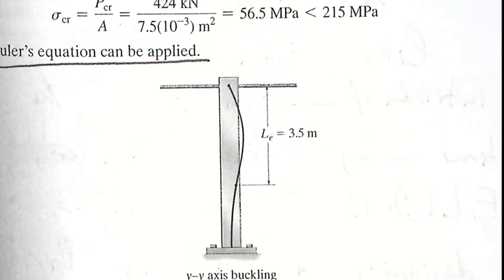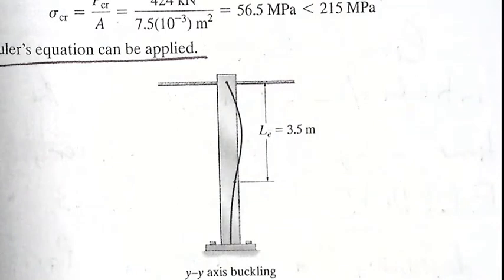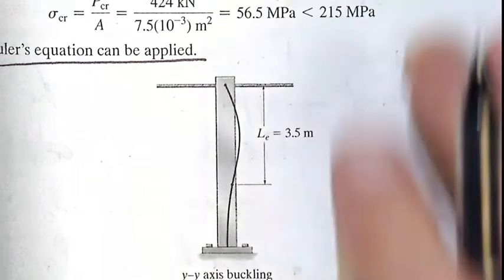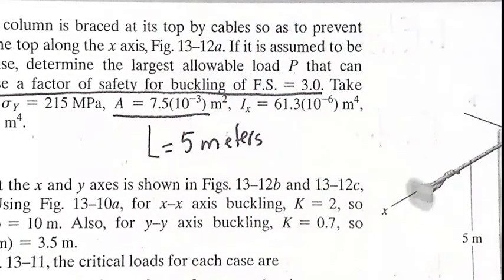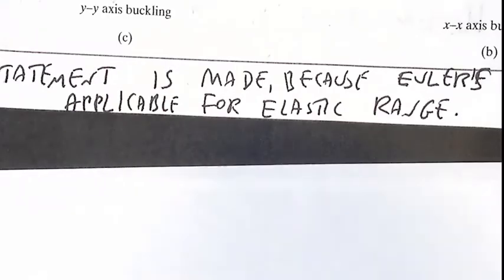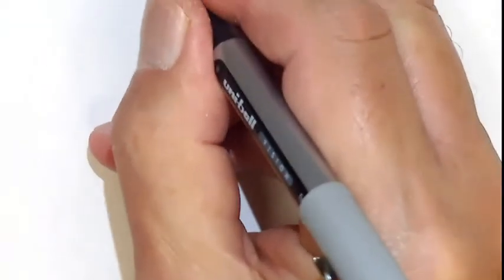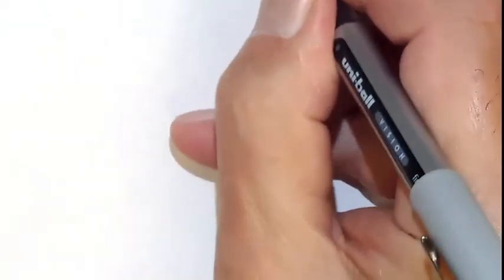So just to remind you, 17.1. So this is 17.2. So just 17.3. If you forgot, if someone asks, what does it mean? Applicable in elastic range.